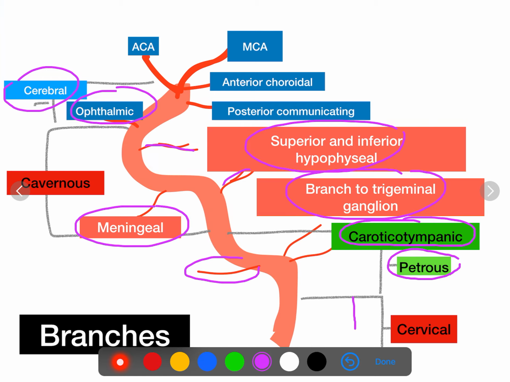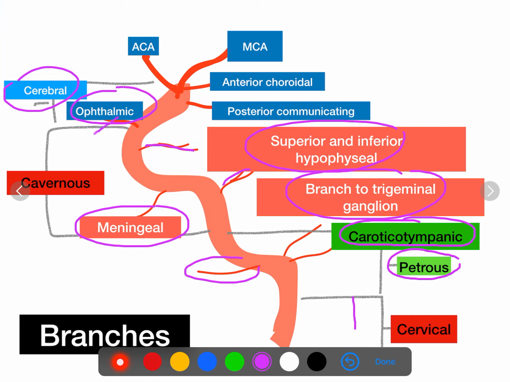Now the central artery of retina runs within the optic nerve and reaches the retina at the center of the optic disc. Now the dorsal nasal branch anastomoses with the facial artery, so it forms a communication between the internal and external carotid arteries.